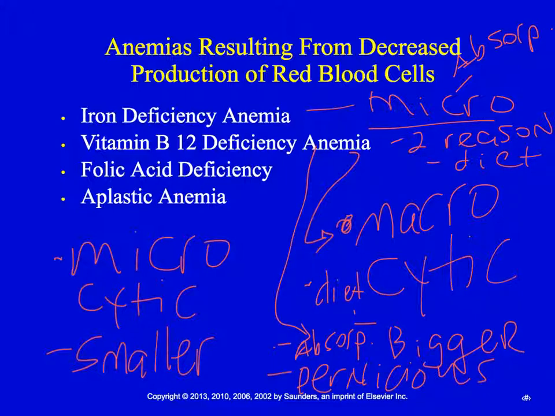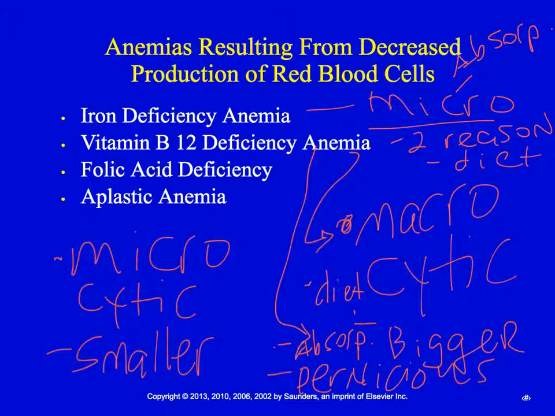Folic acid deficiency is, again, the same thing. We require folic acid to be able to produce normal functioning red blood cells. When we have a deficiency in folic acid, which is typically from diet, poor nutrition, then they could have an anemia because they don't have the ability to make normal red blood cells. It manifests very similar to a B12 deficiency. However, the nervous system function is normal, which can be abnormal in a vitamin B12 deficient person. So that's the difference between the two.